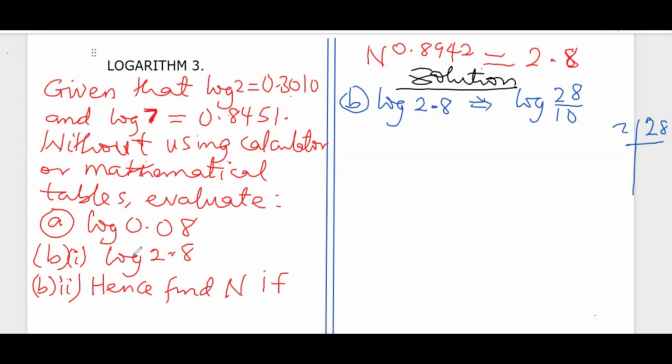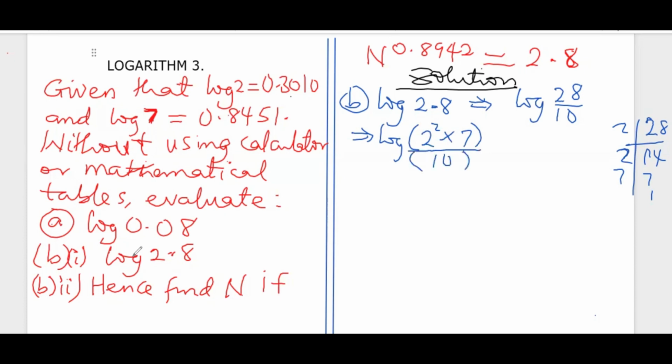But 28, if you break it down, 28, that is 14, 14, 7, 7, 1. That's 2 times 2 times 7. So it is the same thing as log of 4, which is 2 times 2, times 7, over 10.